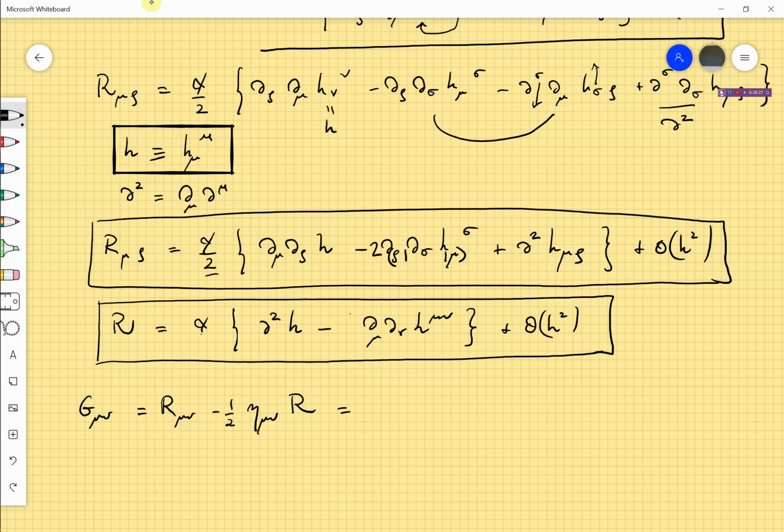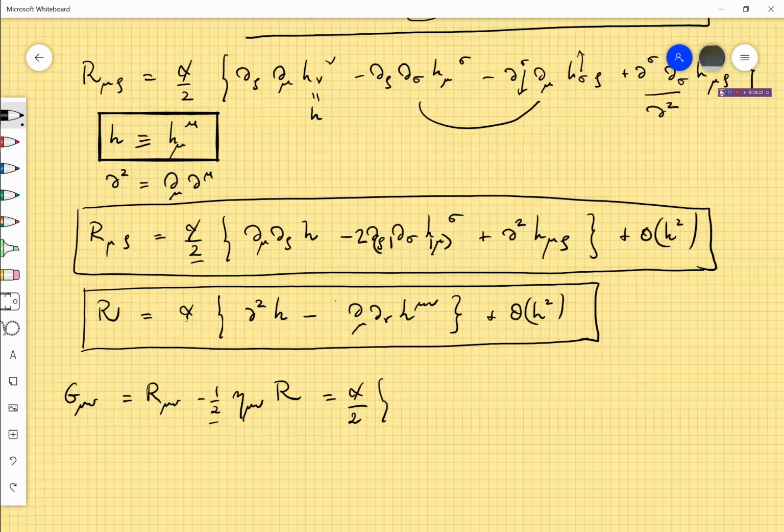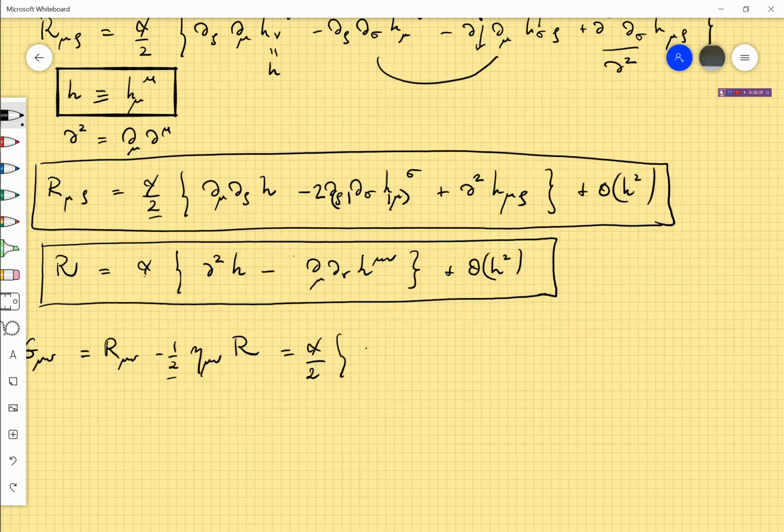There is a half here and a half here, so I take chi over 2 as a common factor, and I write partial mu h minus 2 partial mu partial, if you want, sigma h nu sigma.